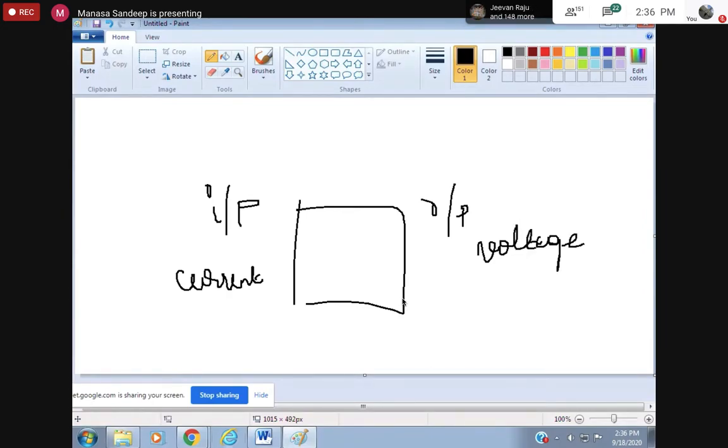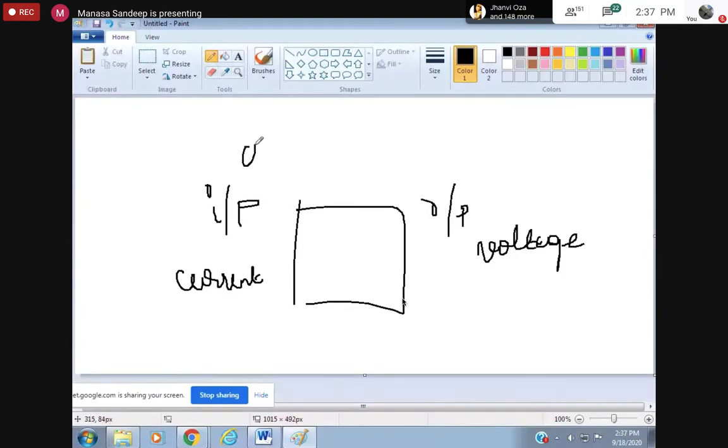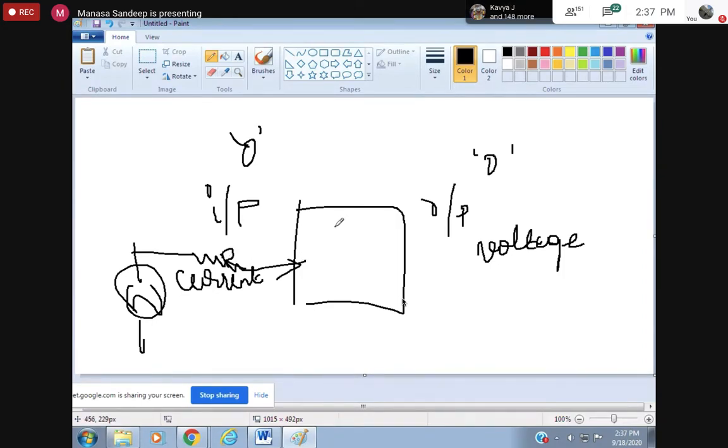Here they have given that it should have zero input and zero output, so input impedance should be zero and output impedance should be zero. Why is it so? If you are applying the input here, obviously you should have an input resistor here. This is the amplification unit.